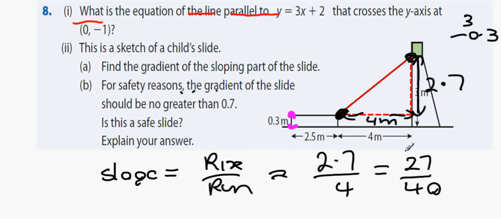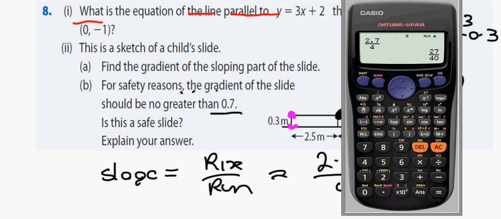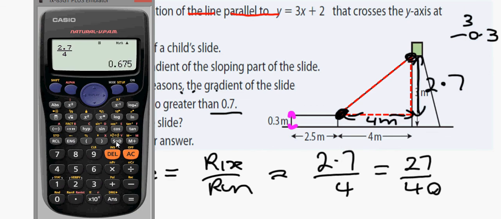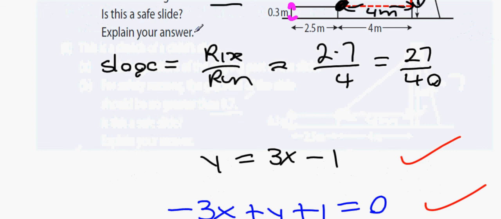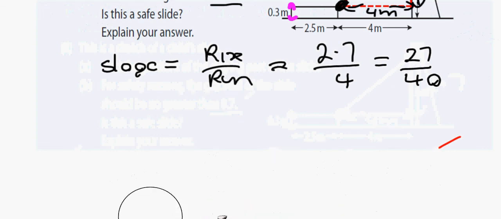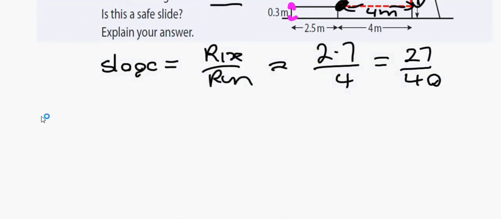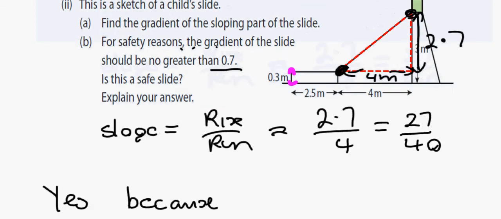Find the gradient of the slope and compare it. The gradient is 27 over 40. For safety reasons, the gradient of the slide should be no greater than 0.7. Is this slide safe? Well, I don't know if that's greater than 0.7 or not, so I'm just going to press the convert button. It's less than 0.7, so yes, the gradient is less than 0.7. Now remember to reuse the question in your answer.